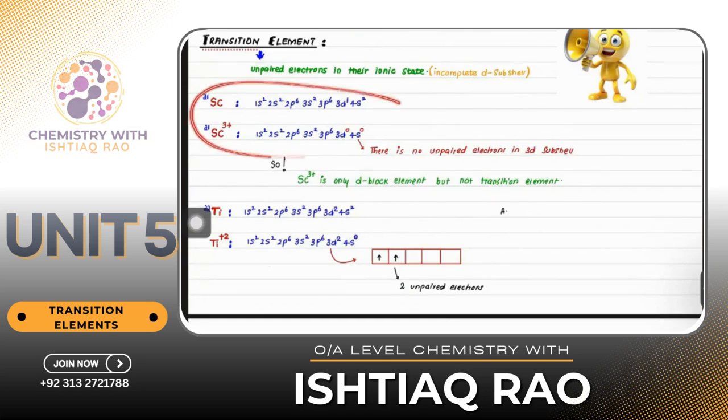Let's check scandium. This is the general configuration for scandium: 3d1 and 4s2. When scandium has a +3 charge, we have to remove 3 electrons. So I would be removing 2 electrons from 4s and 1 electron from 3d, so it would become 3d0 and 4s0.